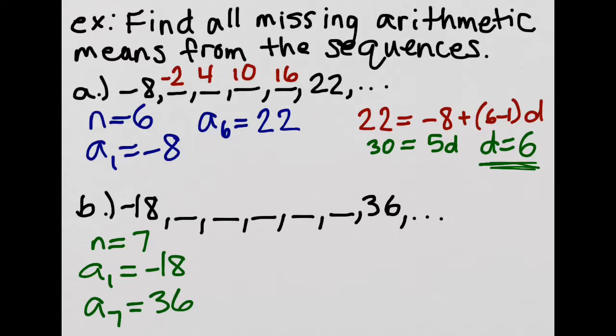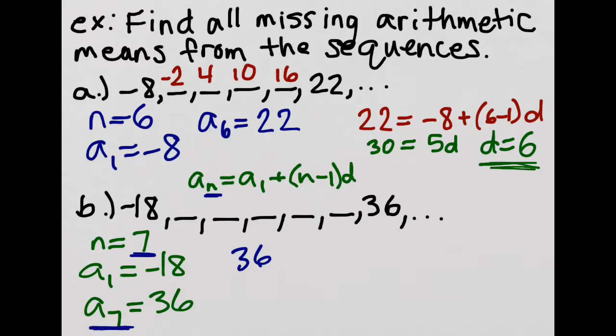Okay, so again, we're going to plug it into our formula, which we know is a of n equals a of 1 plus n minus 1 times the common difference. So a of n, or a of 7 in this case, since n is 7, is going to be 36.